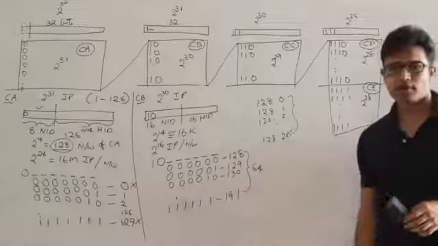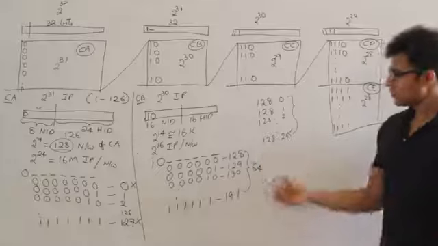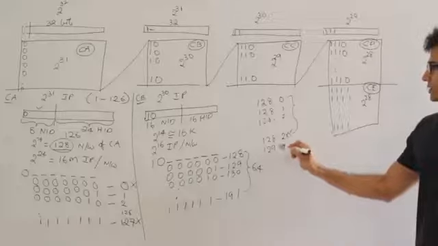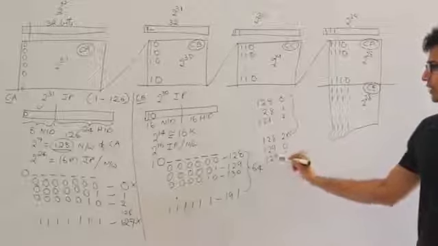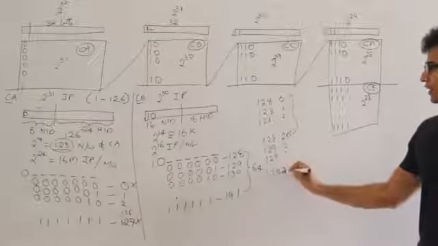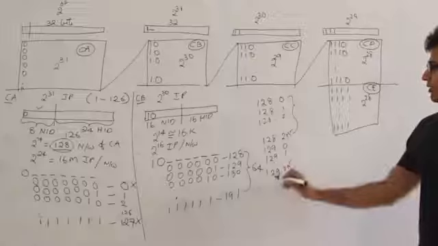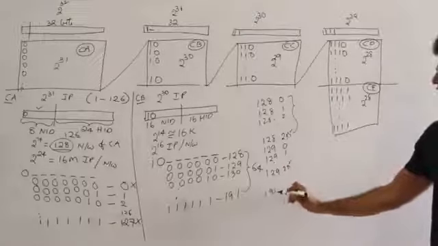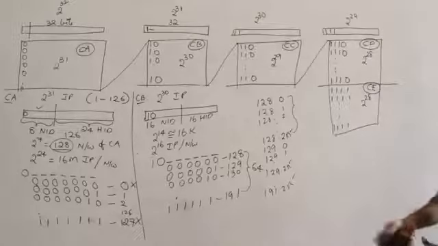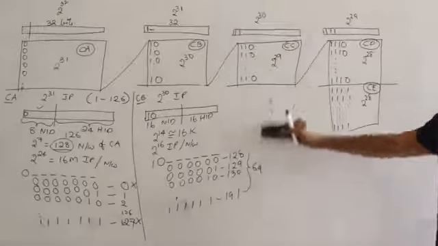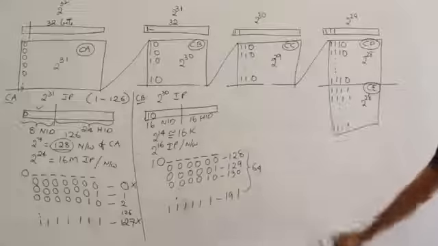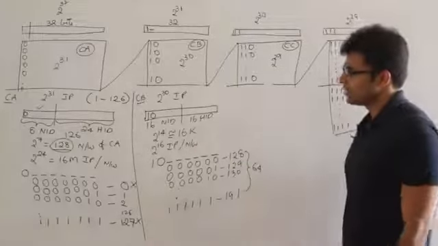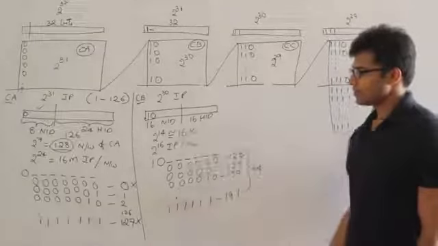Therefore the total number of networks is 64 into 256, right? If you look at the next one, 129.0, 129.1, and so on up to 129.255. What about the last one? The last one is 191.255, right? Therefore we have 2 power 14 networks, and each network contains 2 power 16 IP addresses.